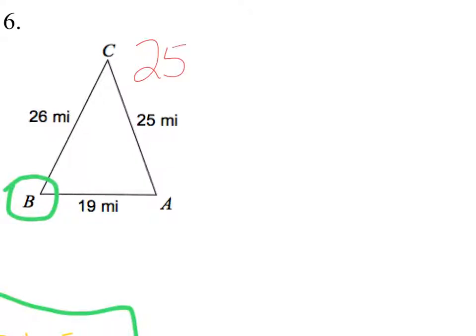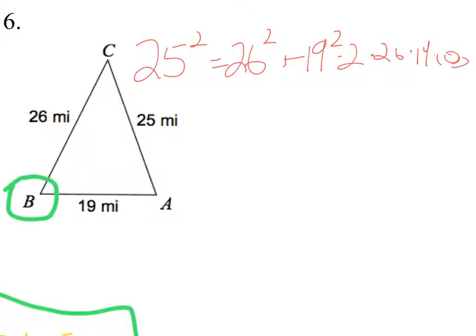So 25 squared is equal to 26 squared plus 19 squared minus 2 times 26 times 19 times cosine of B.